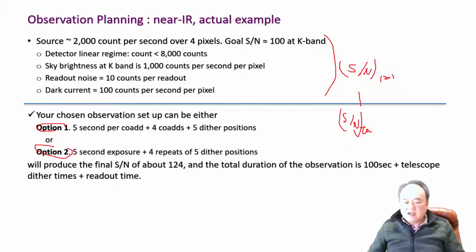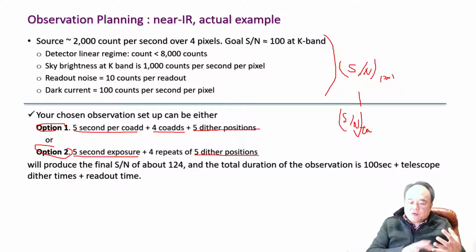First option is 5 second frame time per coadd plus 4 coadd at each data position using the box 5 data setup, no repeat. Okay. Another way is using the single coadd with frame time of 5 seconds, but using the box 5 data positions and repeating the whole thing 4 times.